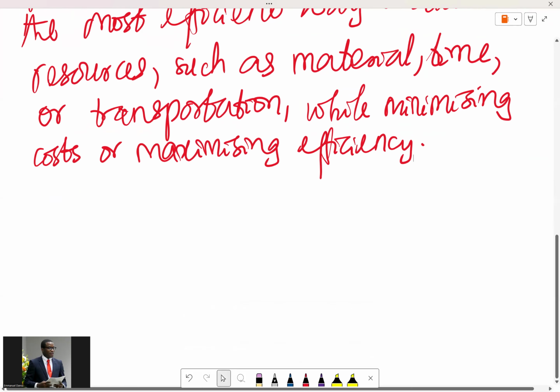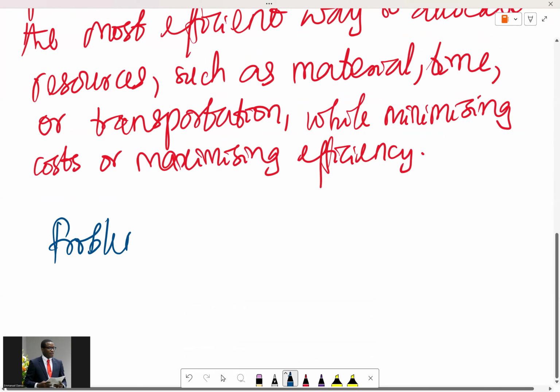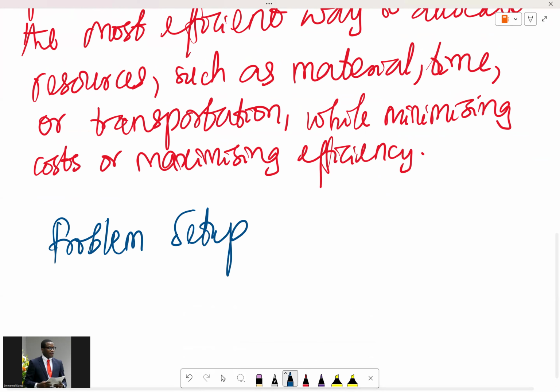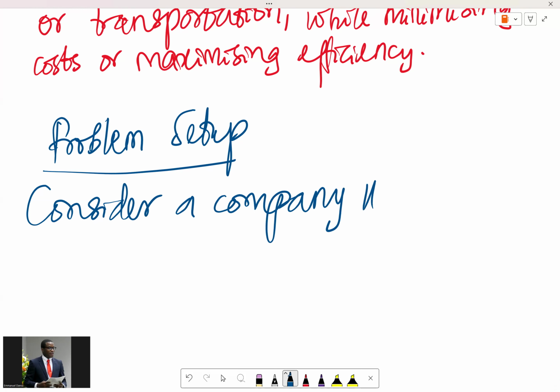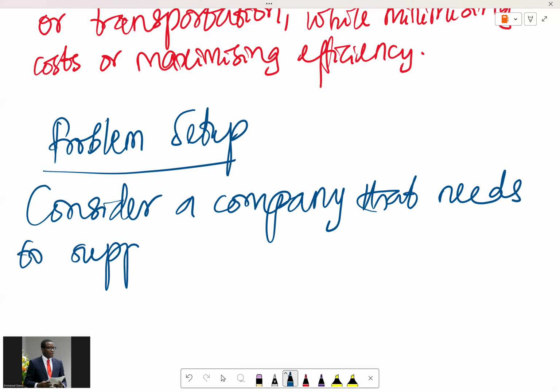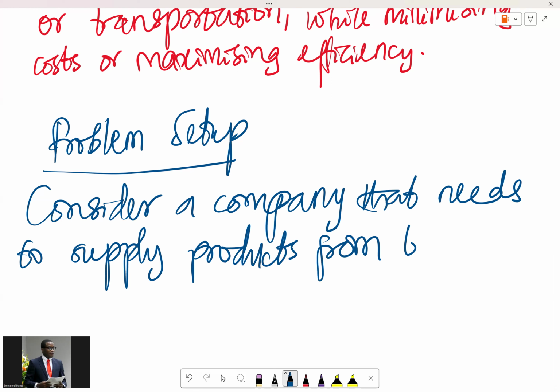Let's look at an example. Let's look at a problem setup in supply chain. Consider a company that needs to supply products from two warehouses to 3 stores.